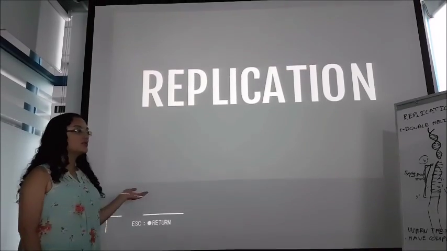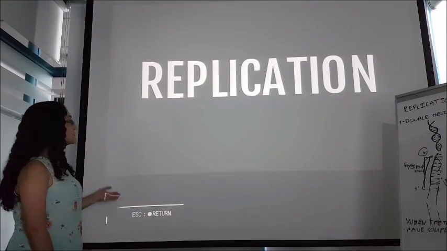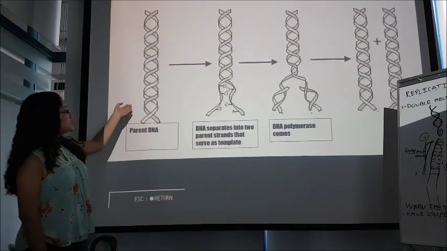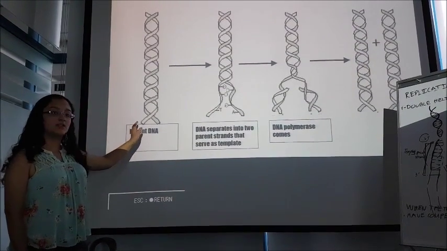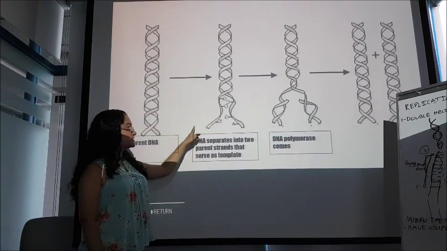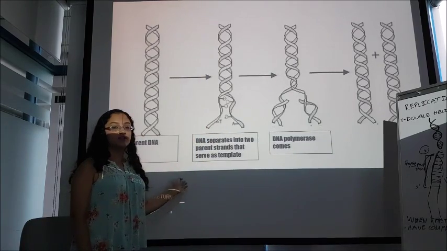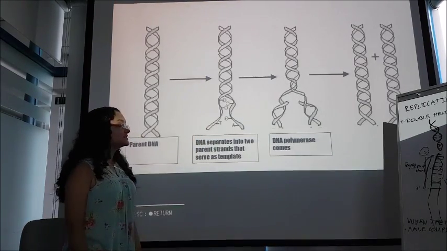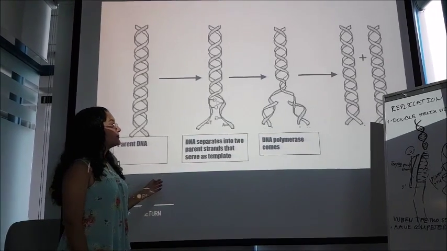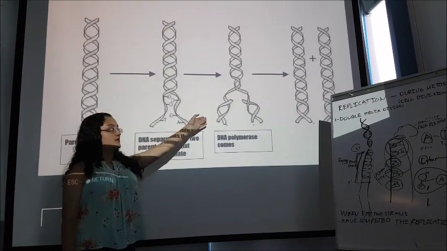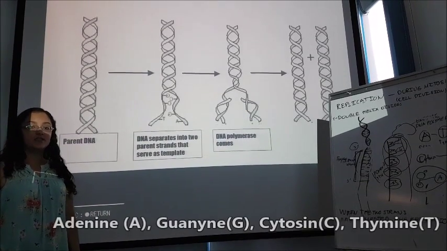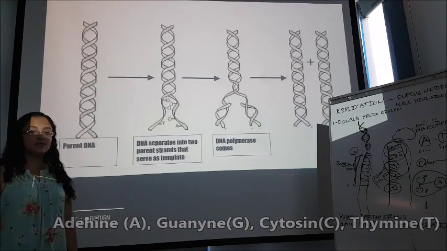Replication occurs during mitosis, and replication is the cell division. Here, as you can see, we have the parent DNA, the double helix, and then this double helix divides into the two parent strands that serve as template, and then the DNA polymerase comes and starts creating two new complementary strands with 4 different nucleotides that are adenine, guanine, cytosine, and thymine.